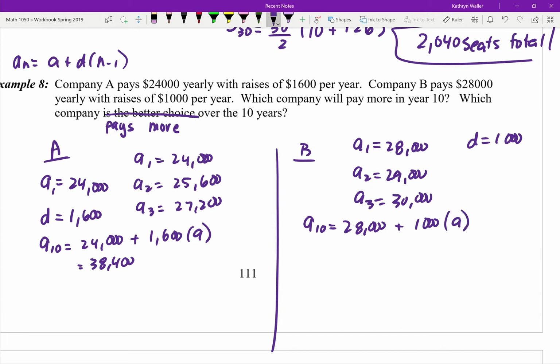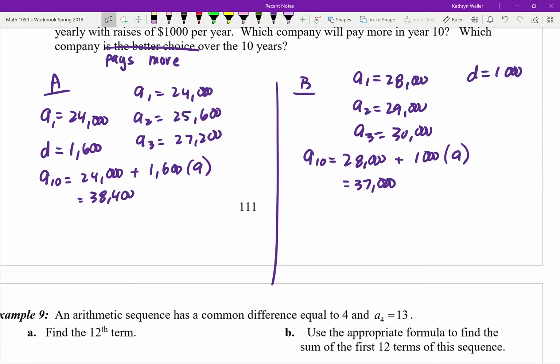So it's 28,000 plus 9,000, which is $37,000. Okay, now they're not asking me how much they make. They're saying which one pays more. Okay, so we're going to come down somewhere where you have room, and we're going to write company A pays more in year 10.